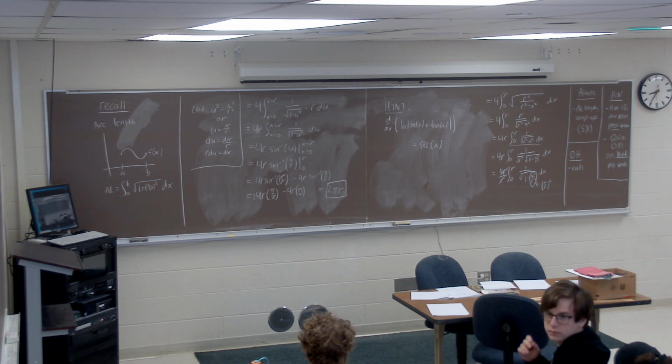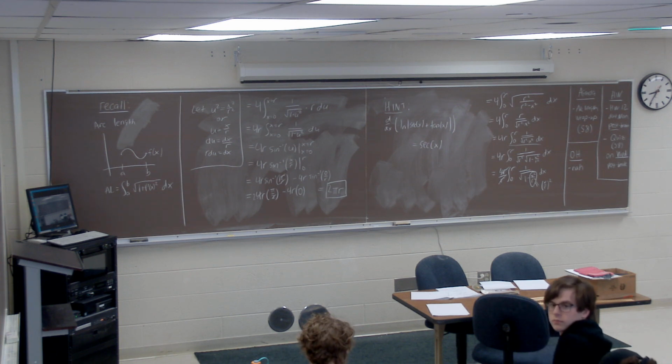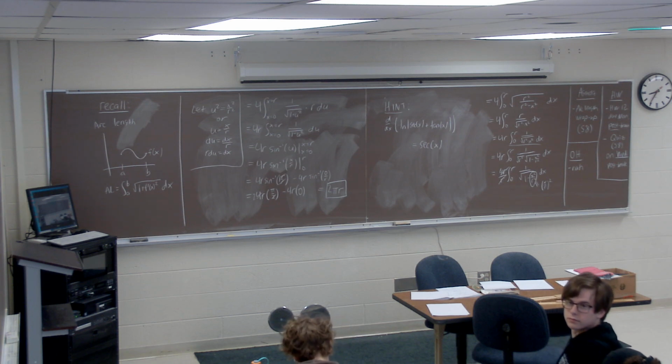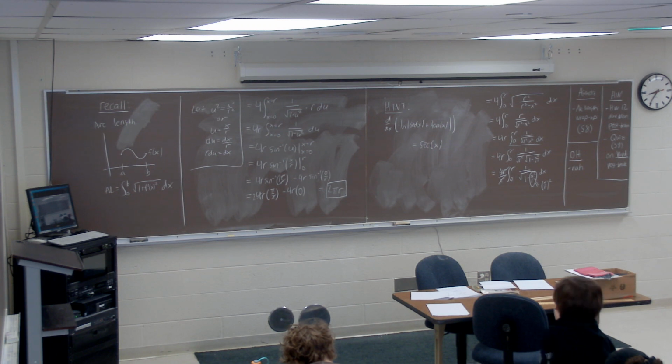So look at that, it just turns into 1 over u when you integrate it. And then you get the natural log absolute value of u, which gives you the natural log absolute value of secant x plus tangent x.